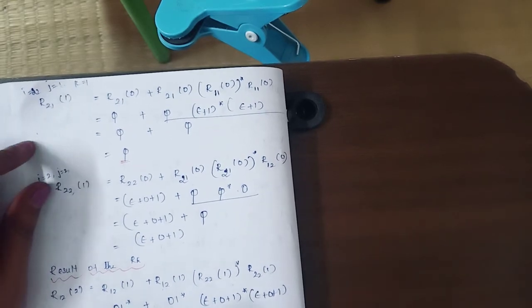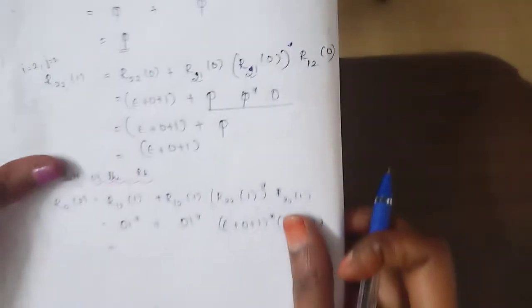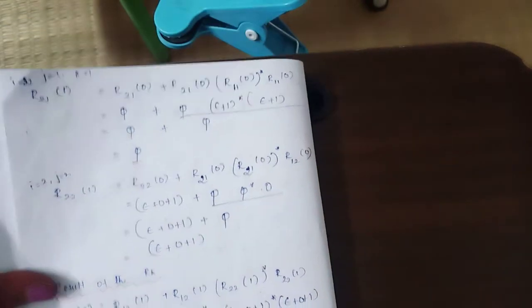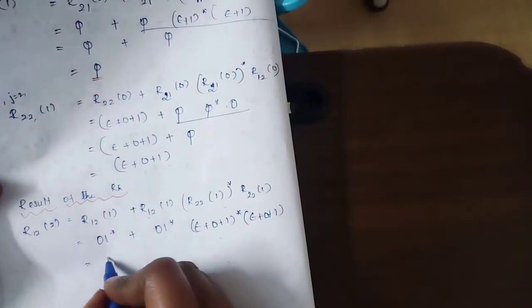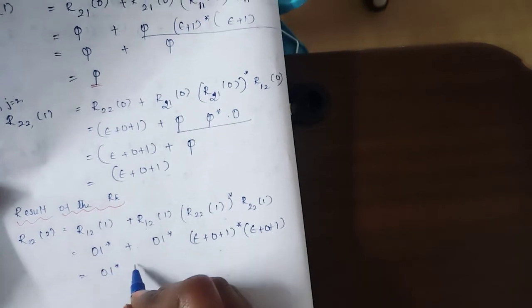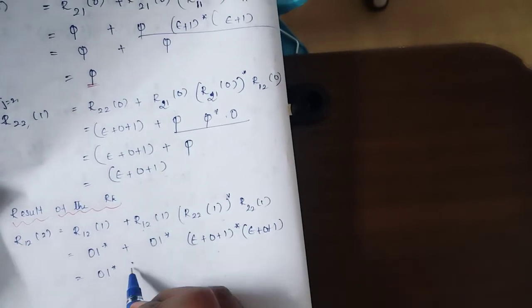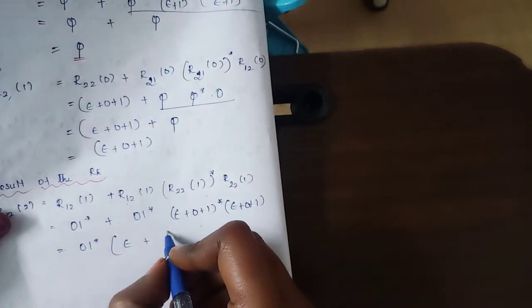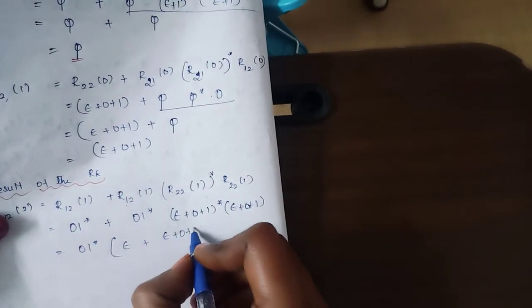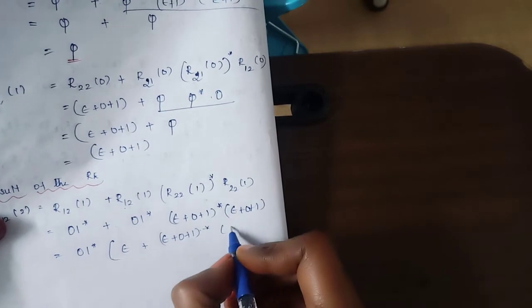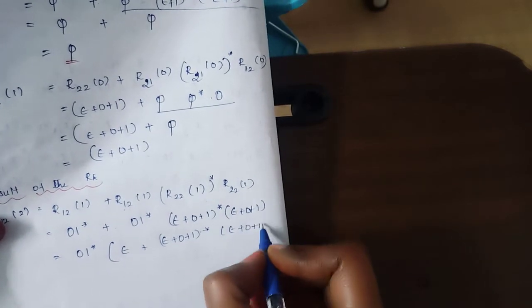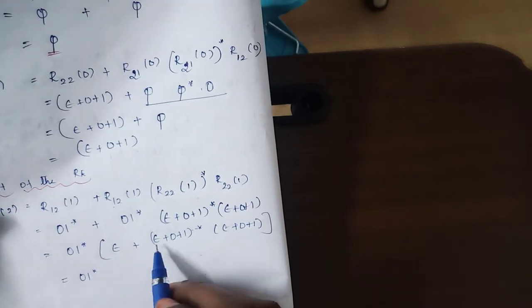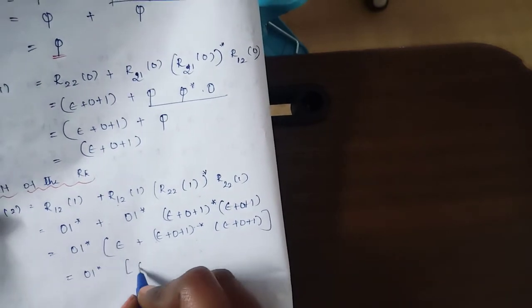Okay, so here see this, the common step over here, right? So we'll take the 0 1 closure out, so the common term is this one, so we will have epsilon plus 0 plus 1 the whole closure, and epsilon plus 0 plus 1, right? So this is the formula like epsilon plus r star r, which means you will get r star.